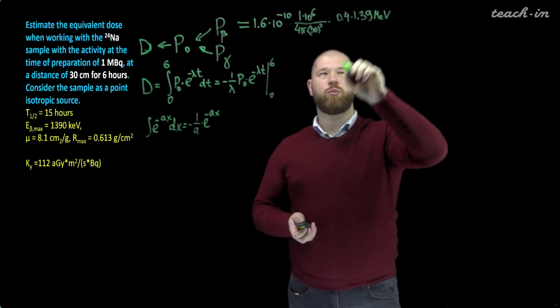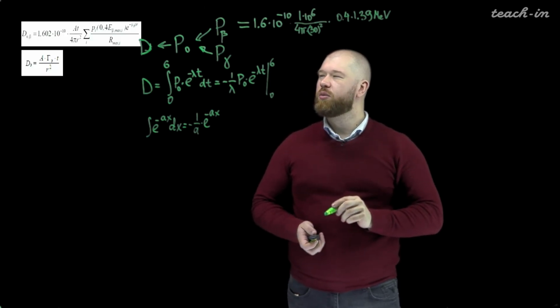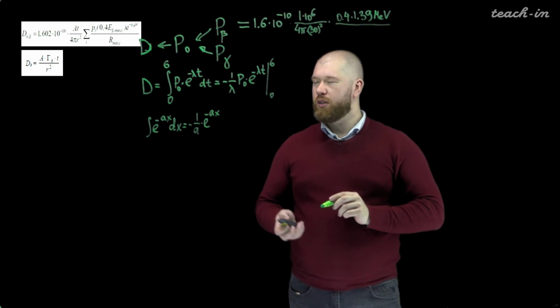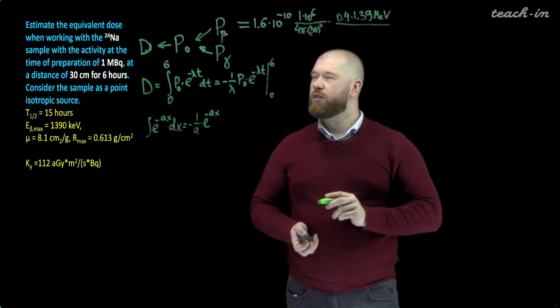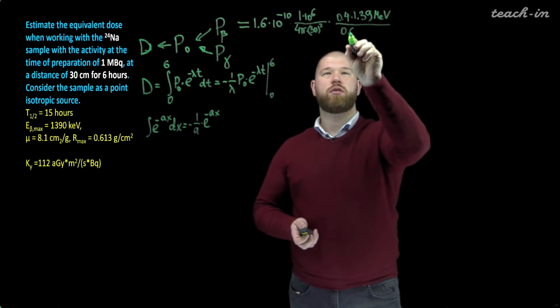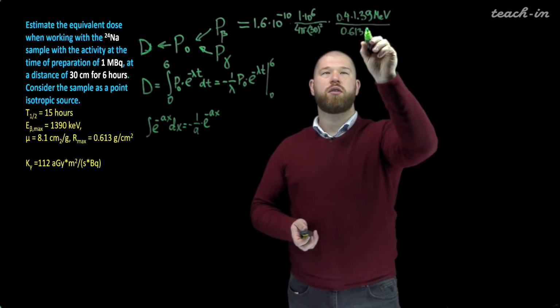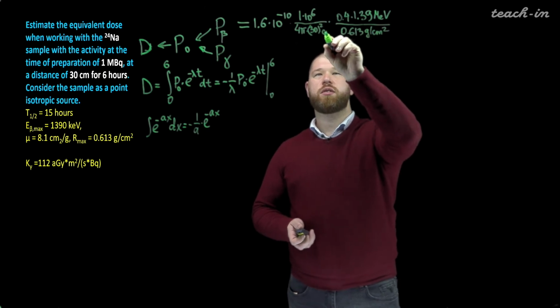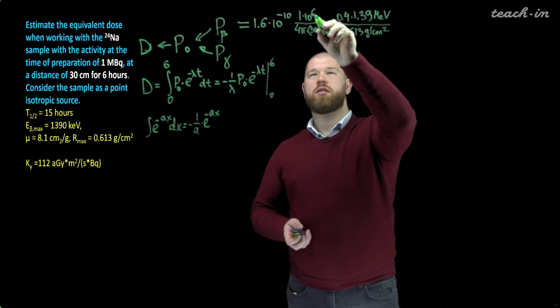I will just remind you here, it is mega electron volts, divided by the maximum range of our particles, and the maximum range is 0.613 gram per squared centimeter. So it is also squared centimeter. It is becquerel.